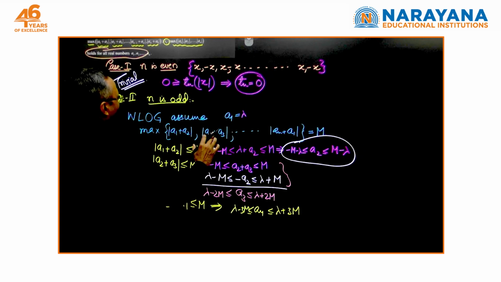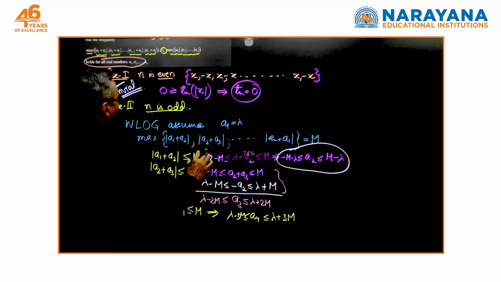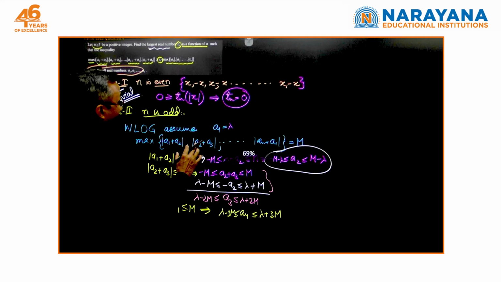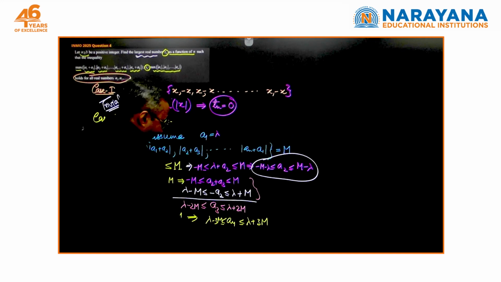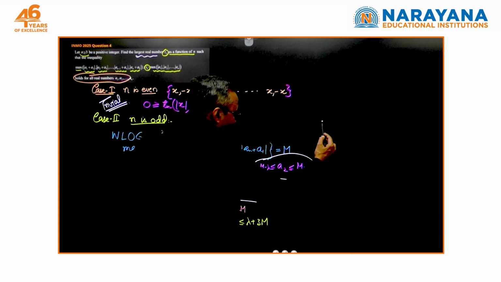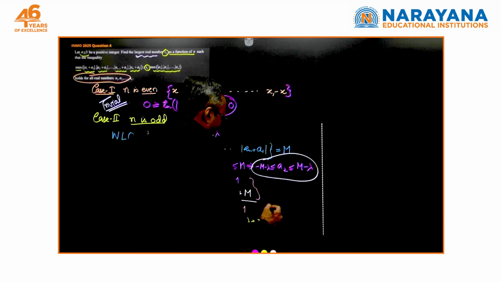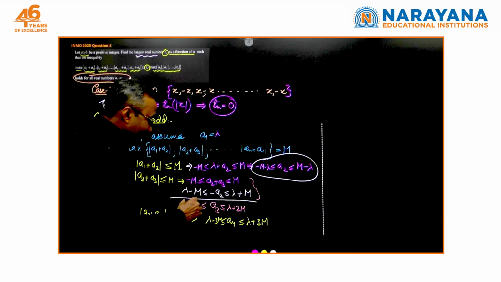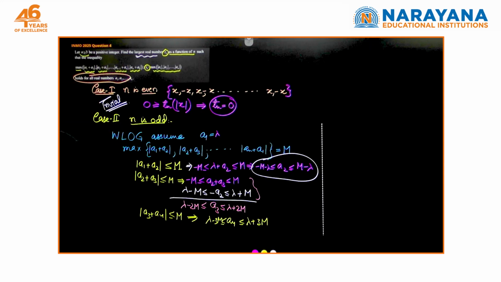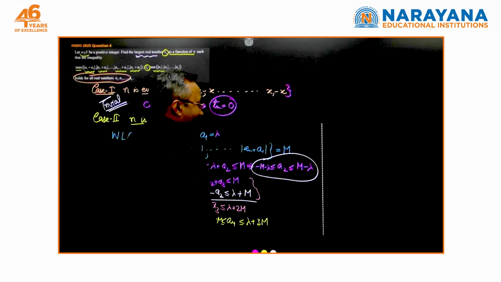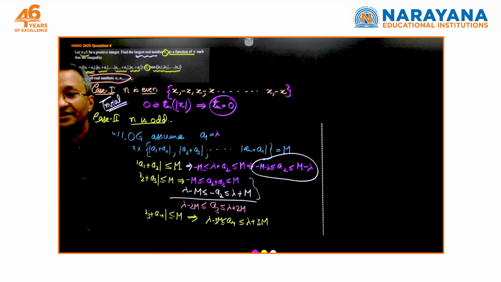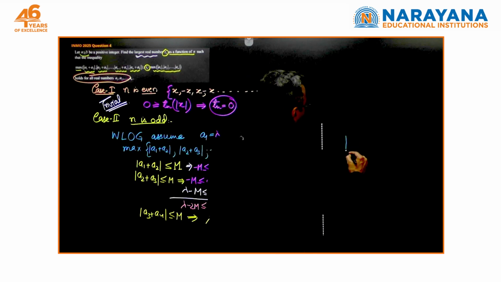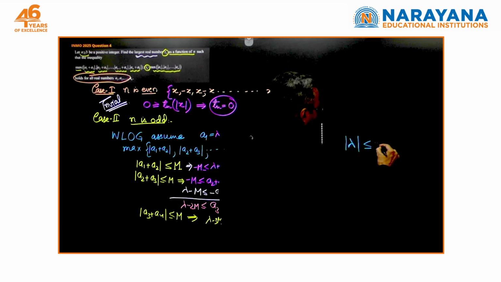Once we reach this and do a bit of inductive reasoning again, I'll wait for a minute for you to ponder on this. If this goes on this way, consecutively doing this, I realize that m and lambda have a relation in n, and that the modulus of lambda is less than or equal to nm by 2.